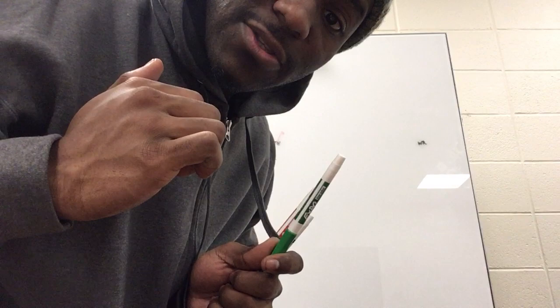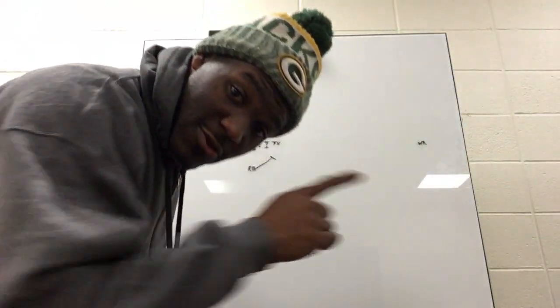Why do I call it slick corner? Because they do a slant movement first, a slant route, and then they dip out towards the corner, towards the right corner. So they slant in towards the left and then dip out towards the right corner. And I'll draw it out.